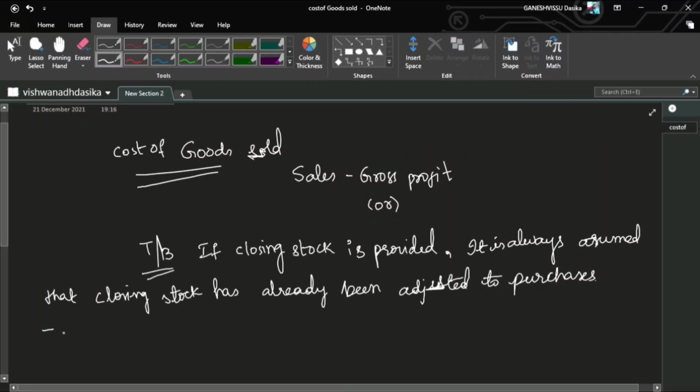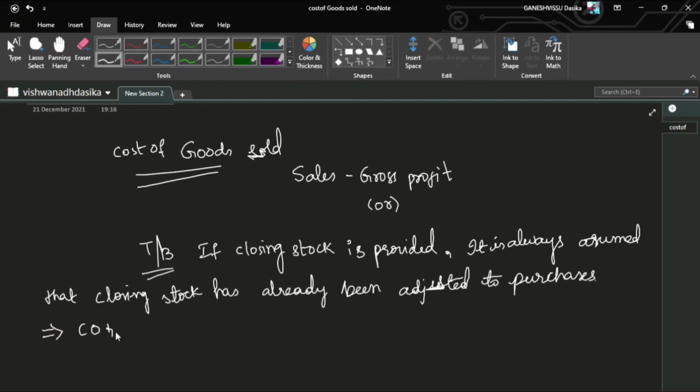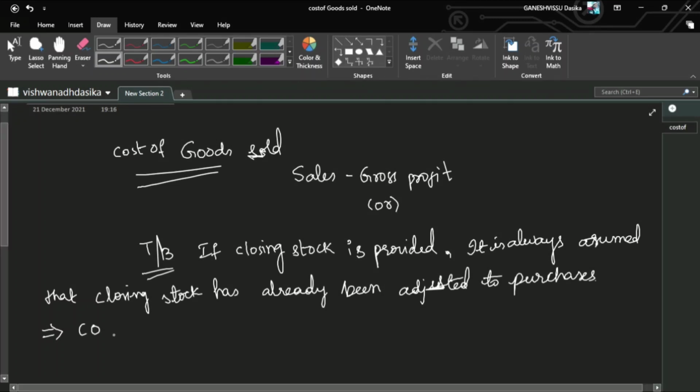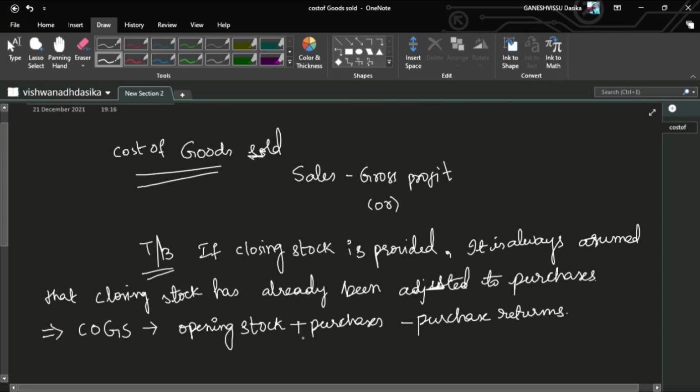Then the formula for cost of goods sold will be opening stock plus purchases minus purchase returns.